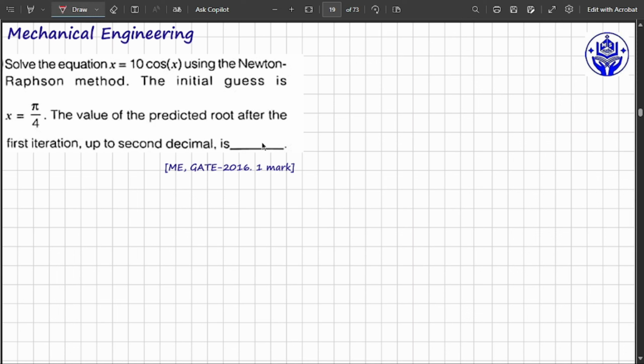The next question is: solve the equation x is equal to tan cos of x, again using the Newton-Raphson method, using the initial guess x equal to pi by 4. Here the initial guess is again in radians, so no need to worry.